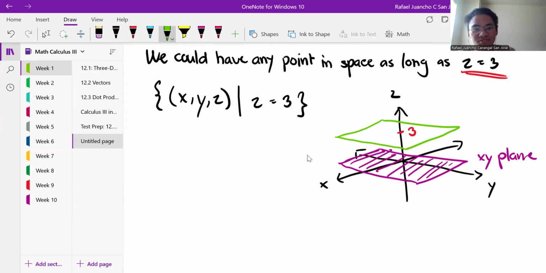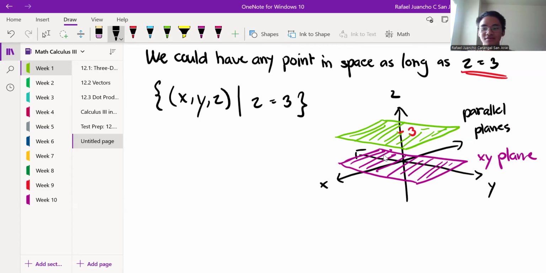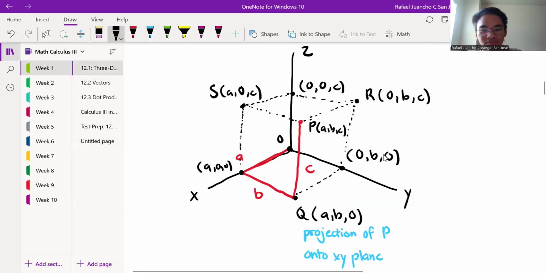And this is the surface that we just got like 5 seconds ago. And we can see these two planes never touch each other. So if they never touch each other, then that means they're parallel. So we call these parallel planes. These two, because they never touch. Amazing.